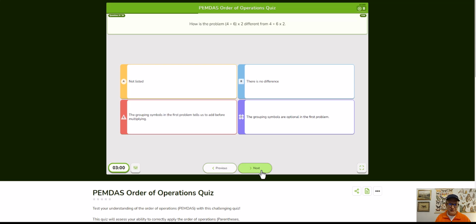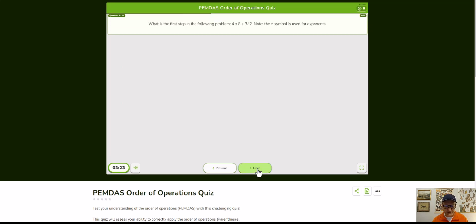Anybody can just plug something into a computer, an AI machine, a phone app, and get an answer. Not anybody actually knows the stuff. So we want to know the stuff because that's more valuable. But anyways, the grouping symbols in the first problem tell us to add before multiplying. So we're going to click answer choice C.